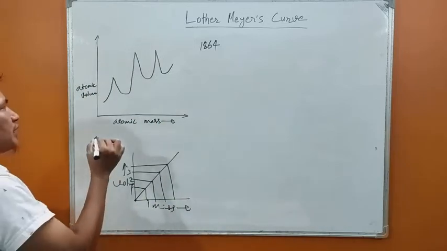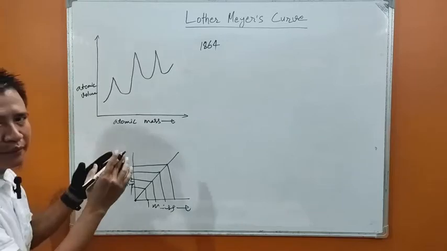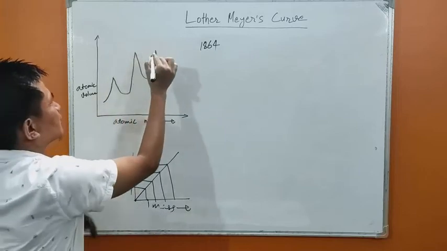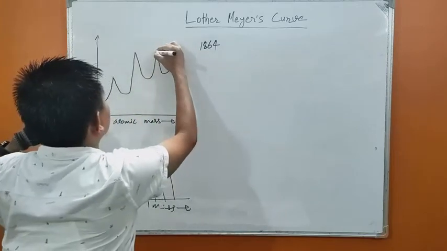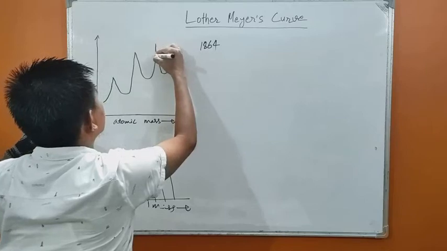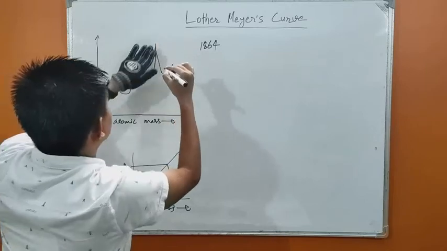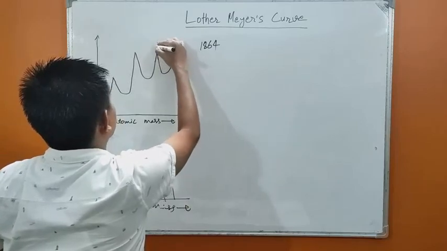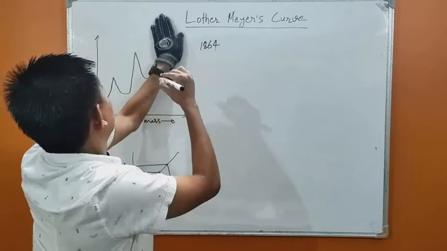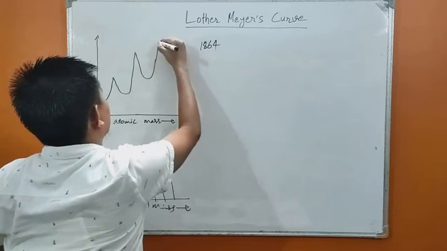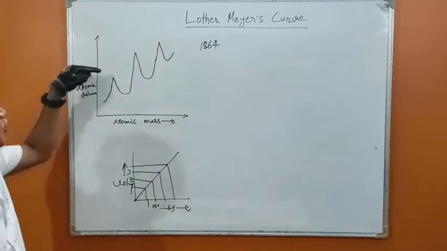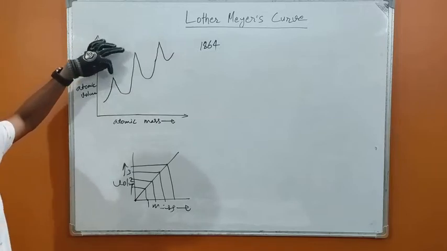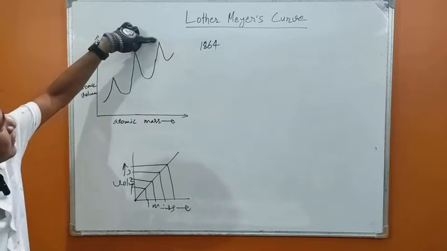But when we look at the peaks, this peak is lower than this and this peak is lower than this, isn't it?